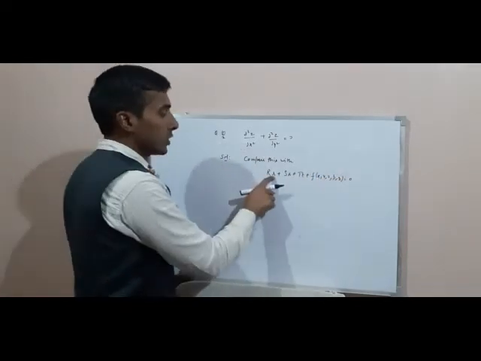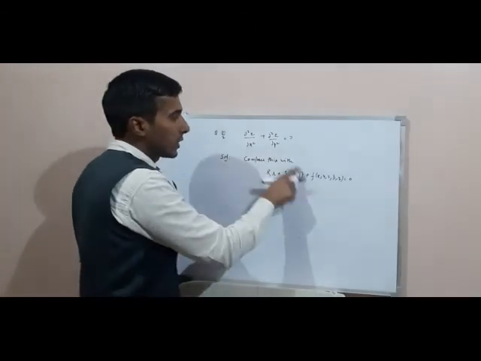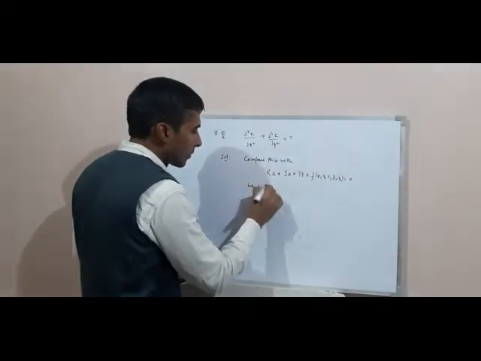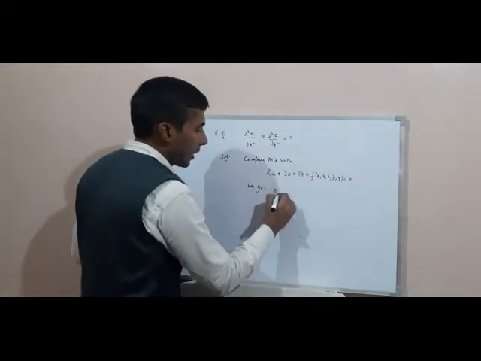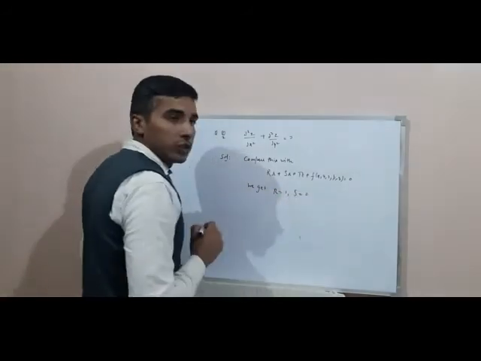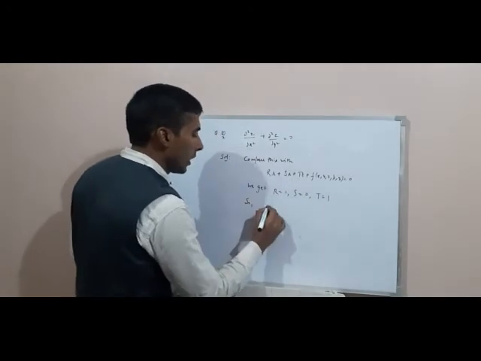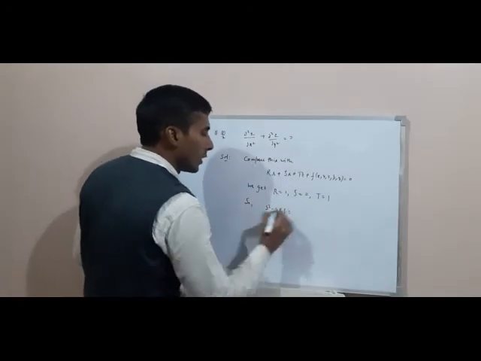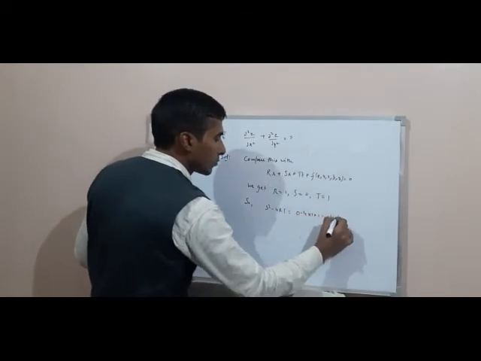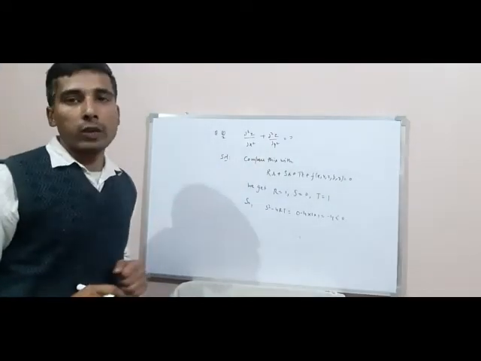Clearly, small r is ∂²z/∂x² and small t is ∂²z/∂y². So we get capital R is 1, capital S is 0 and capital T is 1. So S² − 4RT is 0 − 4 × 1 × 1 = −4, which is less than 0.